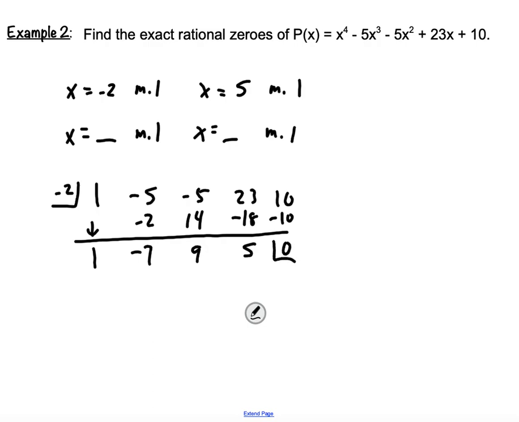All right, so that means it's basically like we just went ahead and divided that whole thing by x plus 2, because negative 2 is a 0, and we get the polynomial down to 1x to the third plus negative 7x squared plus 9x plus 5.